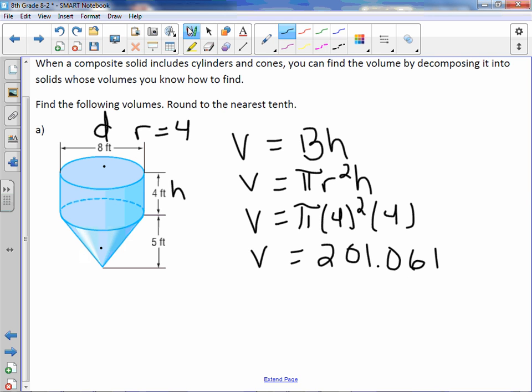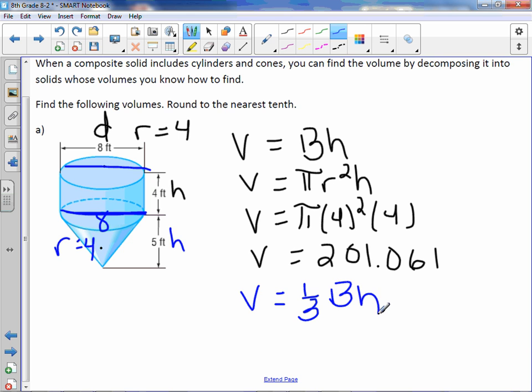Now let's do the cone. The cone's height is 5, and the diameter is still 8, which matches what's on the top here, which means the radius is 4. It's half of that. So volume equals 1/3 big BH.